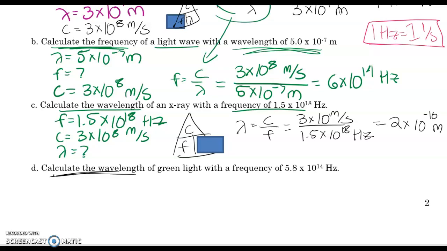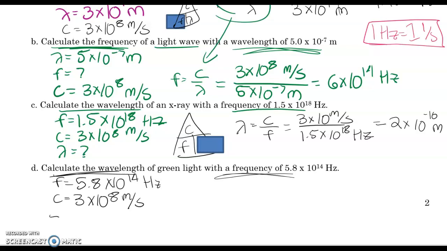On our last question, again, we're looking for wavelength, starting with a frequency. The frequency is 5.8 times 10 to the 14 hertz, and again c is 3 times 10 to the 8th meters per second. I can pull that same equation down, where I'm looking for wavelength and I have c and frequency.